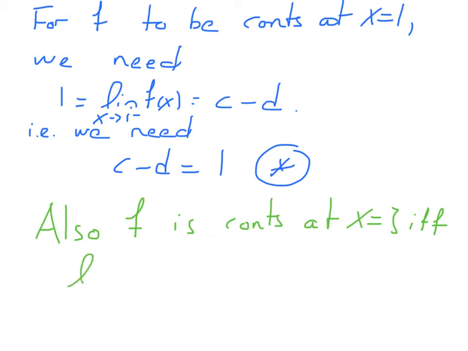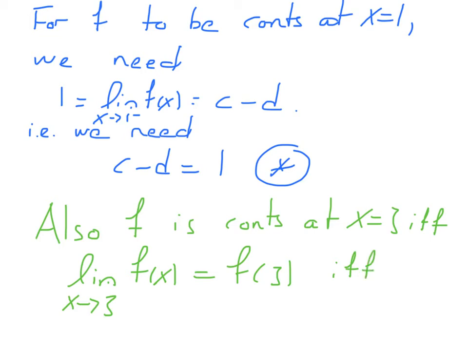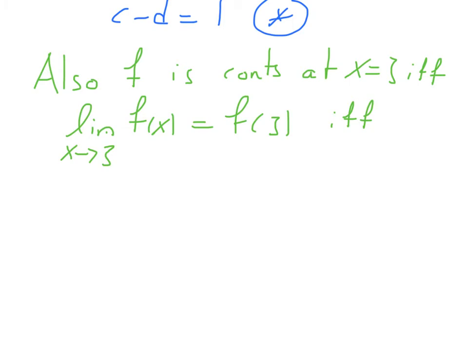So if and only if the limit of f of x as x tends to 3 is equal to f of 3. And again, the recipe for f changes on either side of 3, so it makes sense for us to write this in terms of left and right hand limits.